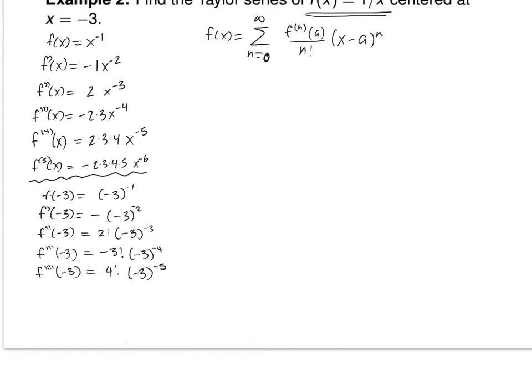Can you get me a general pattern for the nth derivative at -3? First of all, there's a -1 to some power, right? That part's easy enough. Is it n or n plus 1? We're starting at, the first thing we plug in for n is 0. If you did n plus 1, then when I plug in 0 for n, my first term is negative.